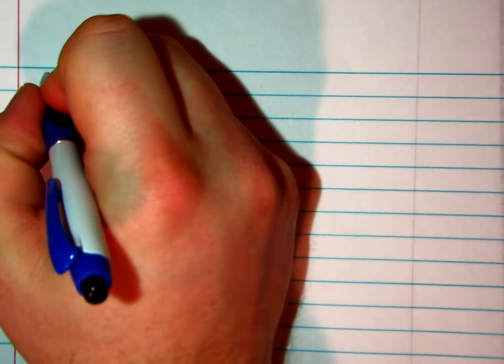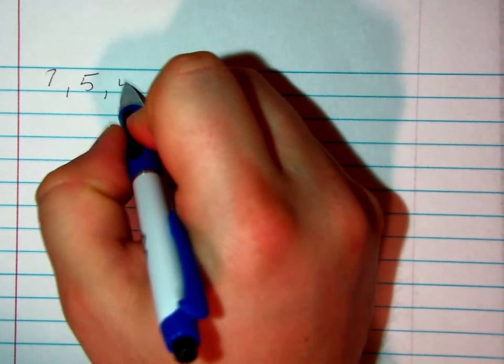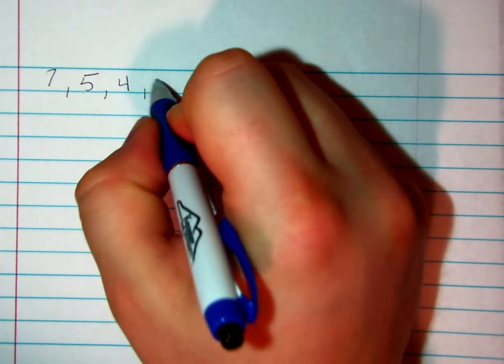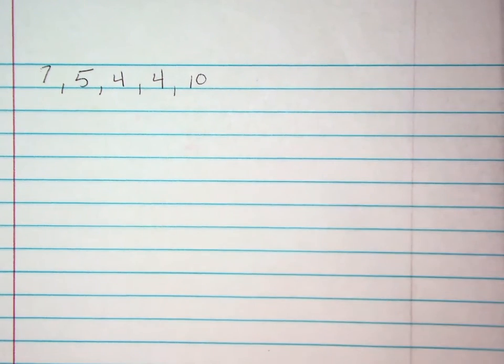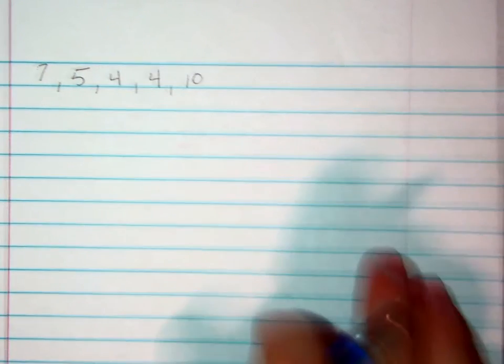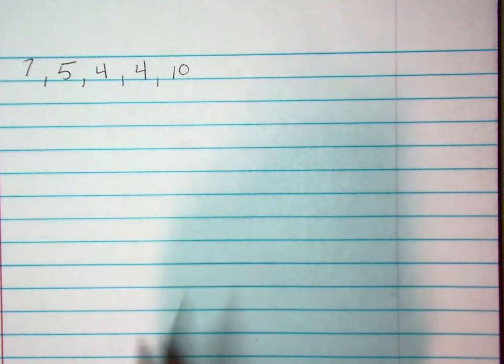So, you are given the data, and the numbers given were 7, 5, 4, 4, and 10. And so I have 1, 2, 3, 4, 5 numbers.